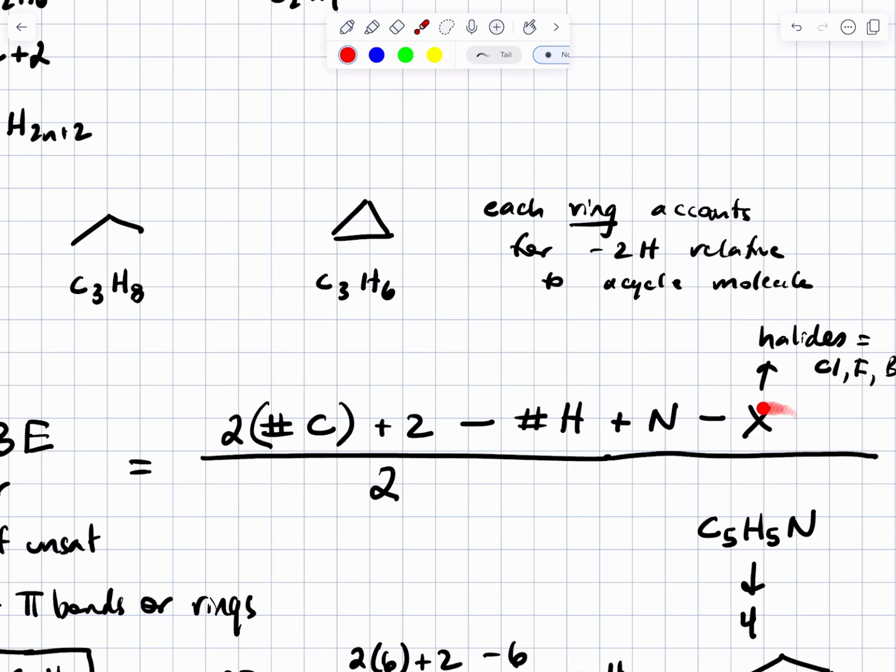If you think about it, every halide you put in the molecule takes the place of a hydrogen. So we're subtracting a halide. And then every nitrogen you put in the molecule has to introduce a new proton as well, because nitrogen can be bonded to 3 things. Okay, oxygens you just ignore.